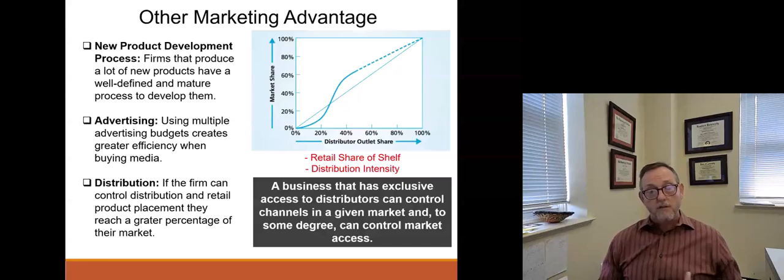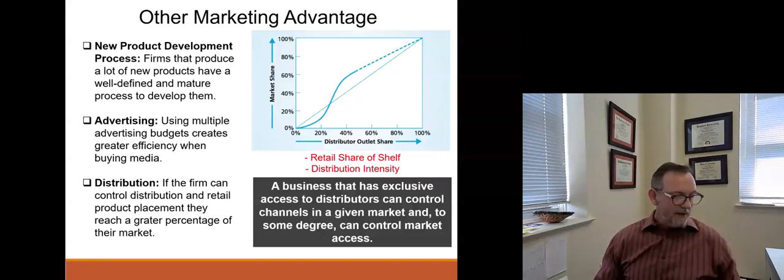But for a lot of products, the goal is to reach as many people as possible, so you want that percentage as high as it can be. If 85, 90% of the market has access to your product, that would be pretty high. That would be a pretty intense type of distribution. So that's one thing.